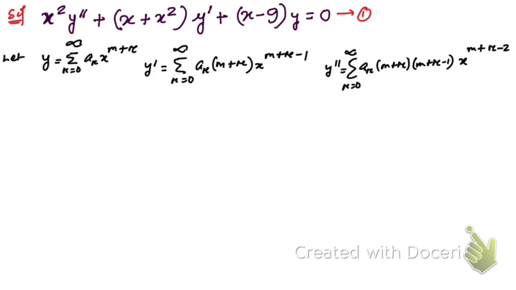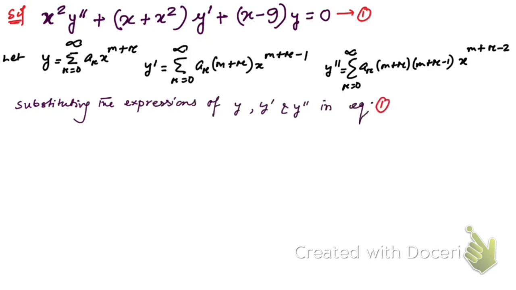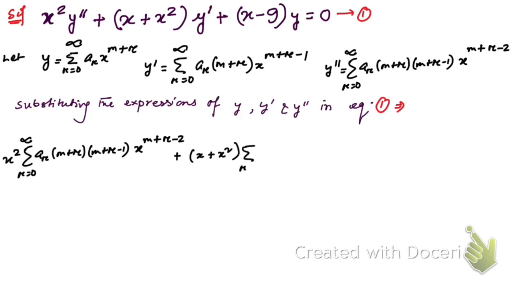Here you see, if we put those expressions of y dash and y double dash in equation number 1, substituting the expressions in the given equation, we're going to have this equation. Let me write this one first.